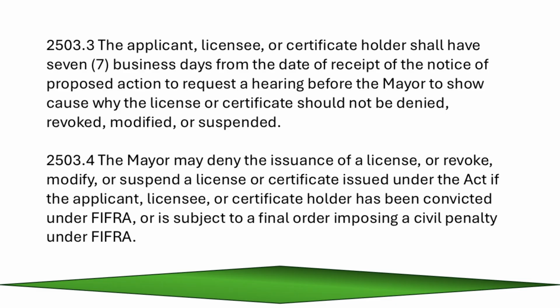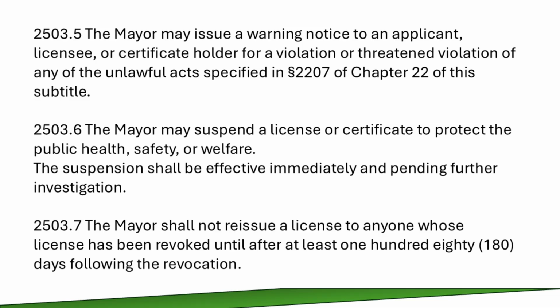2503.4. The mayor may deny the issuance of a license or revoke, modify, or suspend a license or certificate issued under the Act if the applicant, licensee, or certificate holder has been convicted under FIFRA or is subject to a final order imposing a civil penalty under FIFRA. 2503.5.